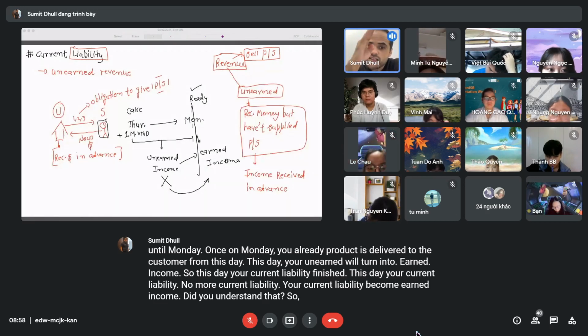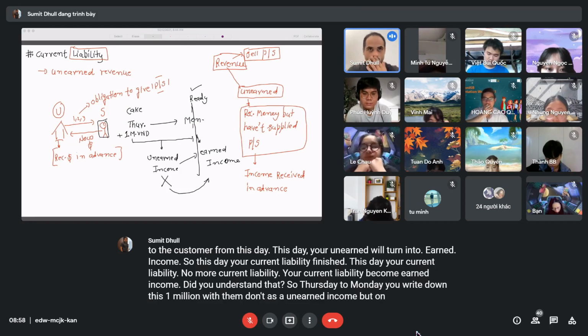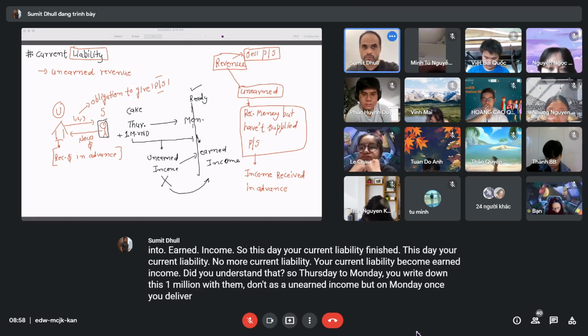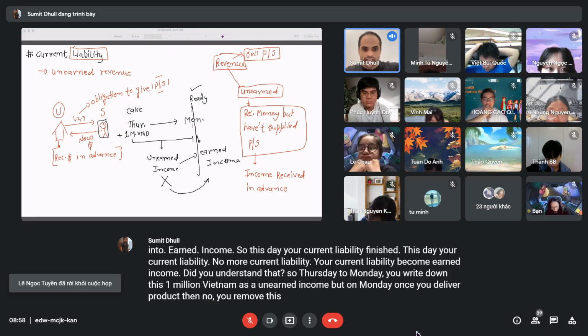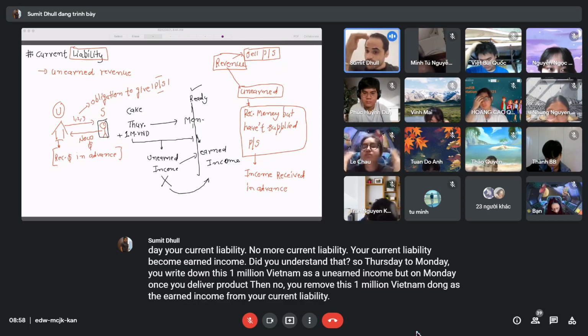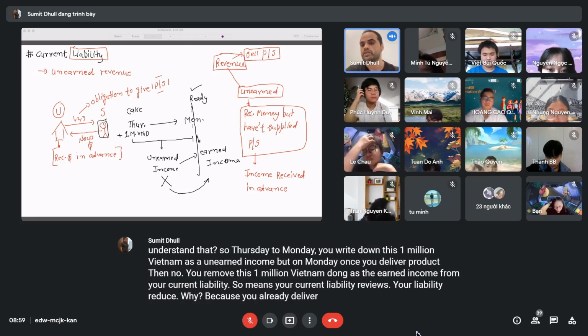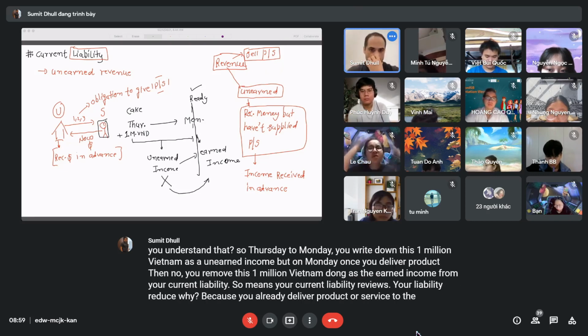So from Thursday to Monday, you write down this 1 million Vietnam dong as unearned income. But on Monday, once you deliver the product, you remove this 1 million Vietnam dong from your current liability as earned income. So your liability reduces. Why? Because you already delivered the product or service to the customer.